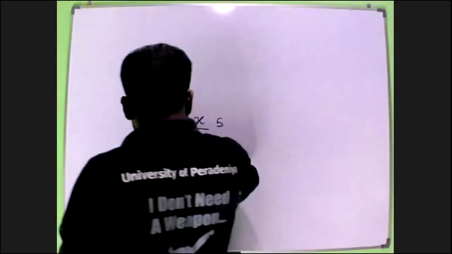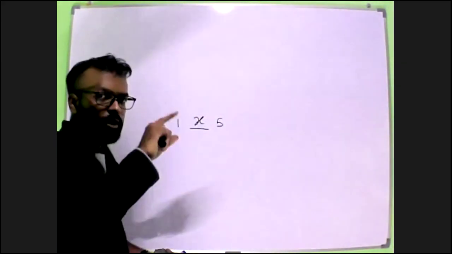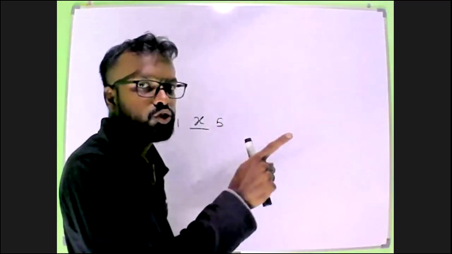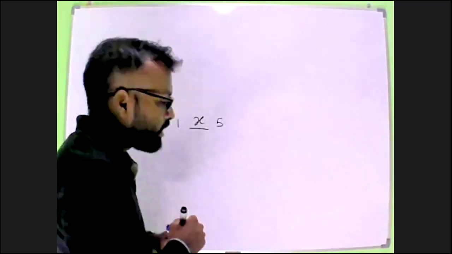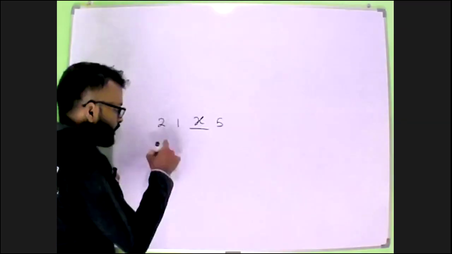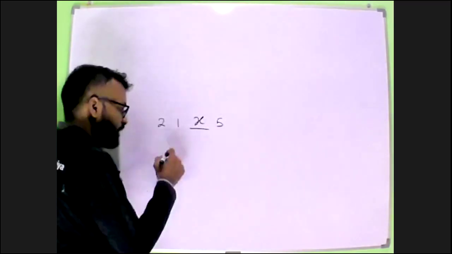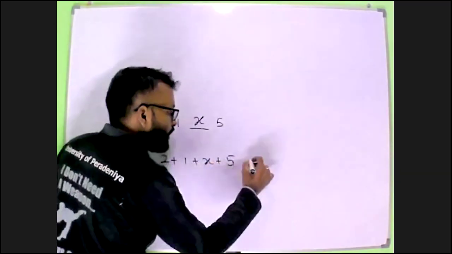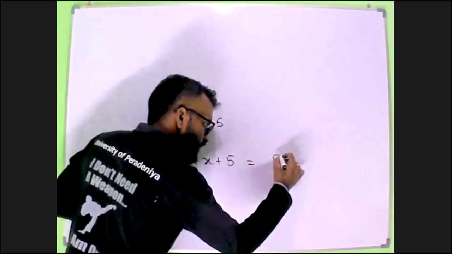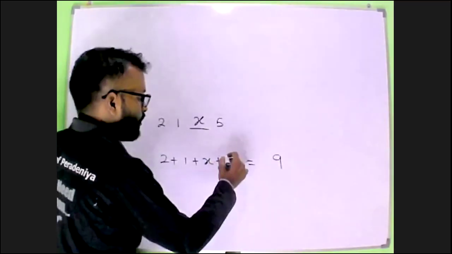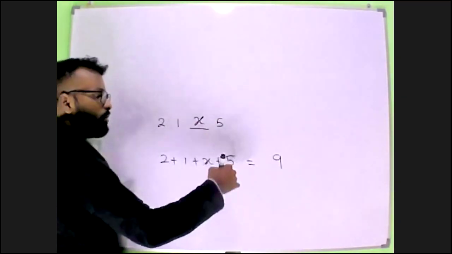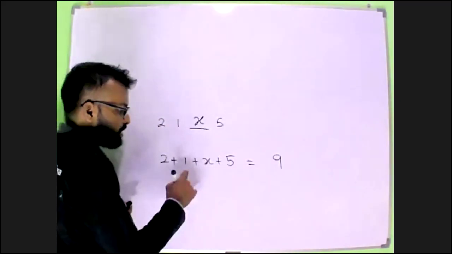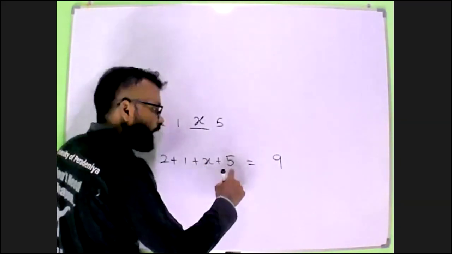So for this 4 digit number, 2 plus 1 plus x plus 5 equals digital root 9. 2 plus 1 is 3, 3 plus 5 is 8.